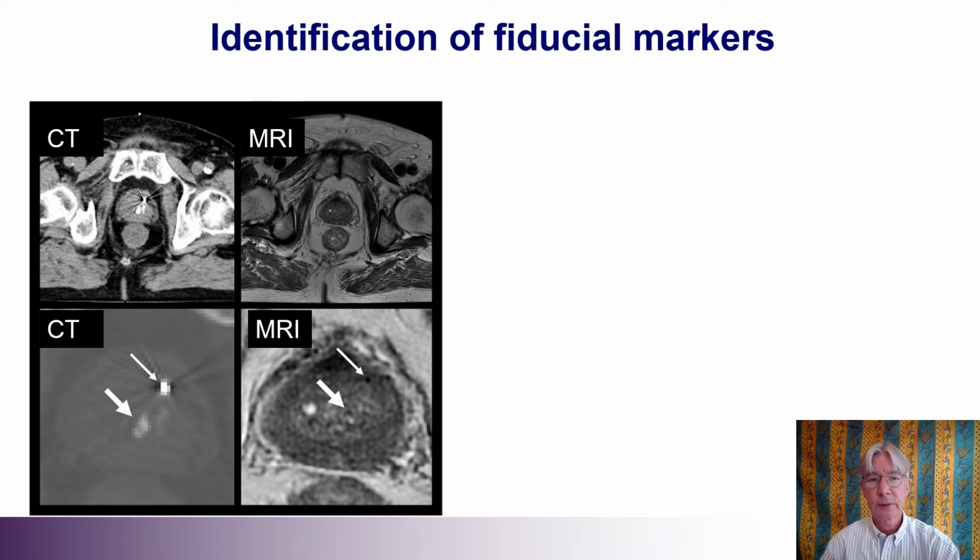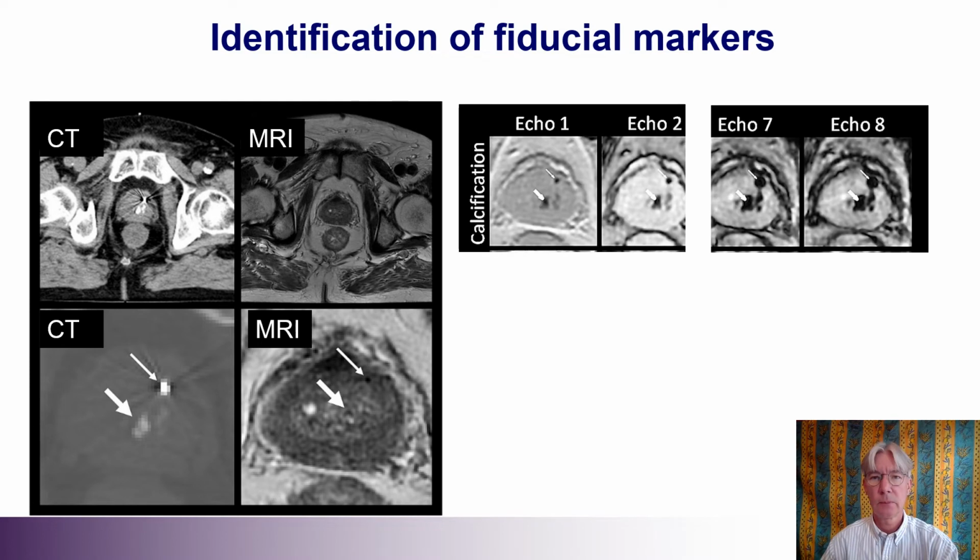In MRI it's different. The marker and the calcifications create a signal void which can be hard to identify on the images, and therefore we have worked with different sequences and ended with a multi-echo gradient sequence where on the initial echoes shown here, the voids are quite small, while on the later echoes the voids are quite big.